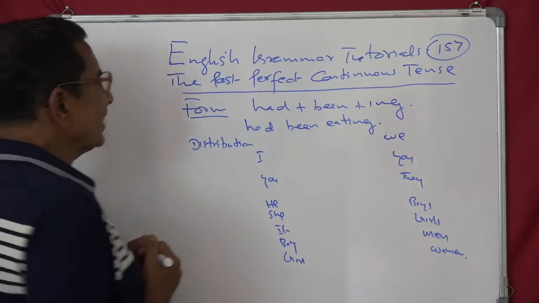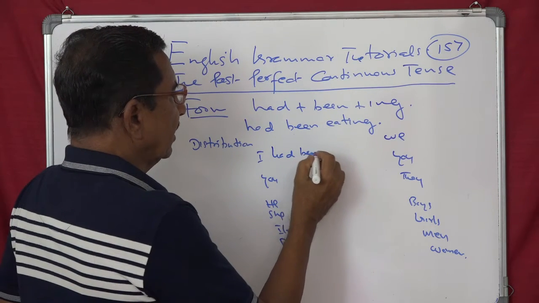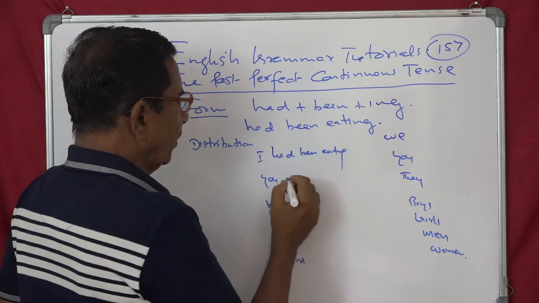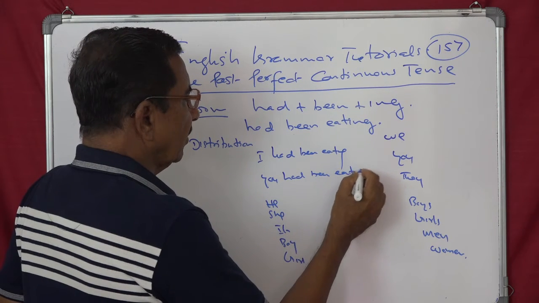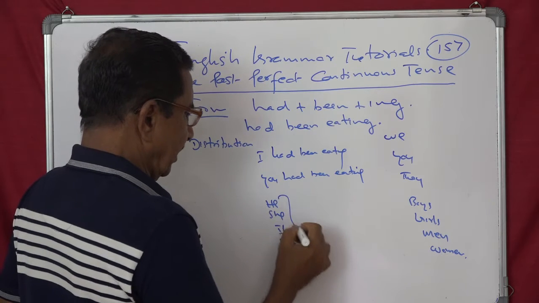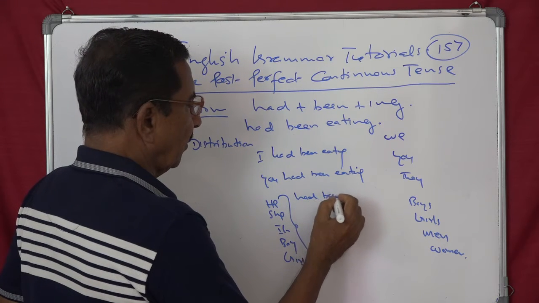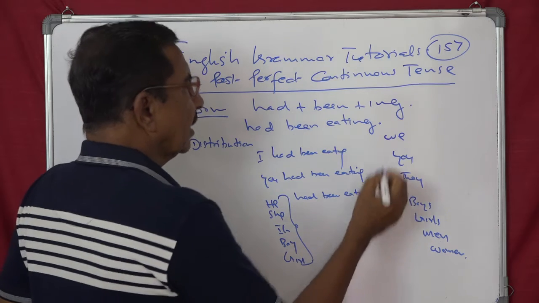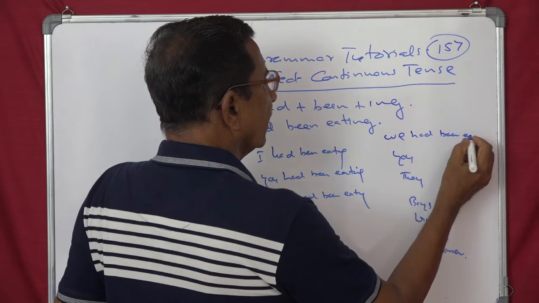Okay. So you can see, I had been eating. This is the form. You had been eating. Please take this down. You might think that it is simple, but he had been eating, same form. We had been eating.